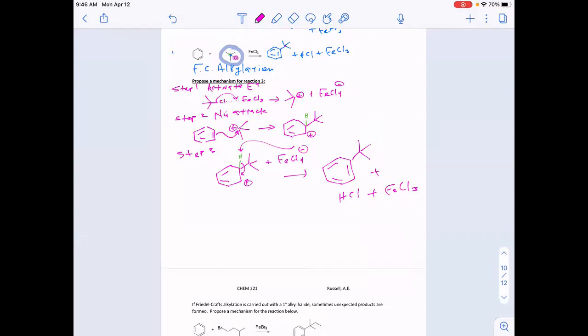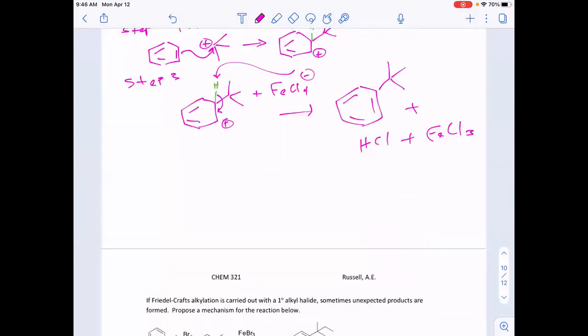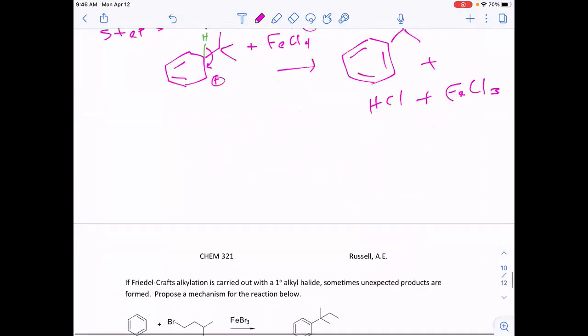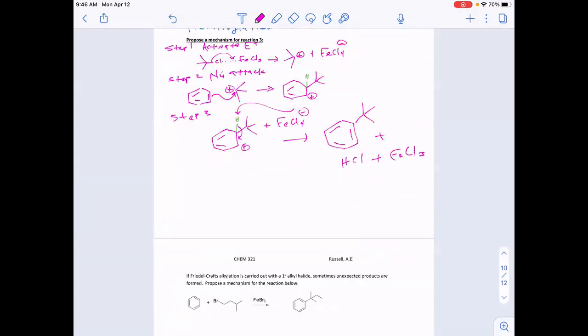They are, but not through resonance, through induction. All right, so if I took that and did another reaction on it, that group is going to be an ortho-para director. So any electrophile that I add to that substituted ring is going to add at the ortho position or the para position.